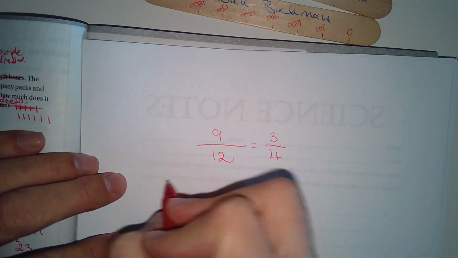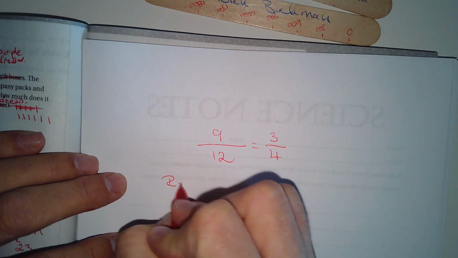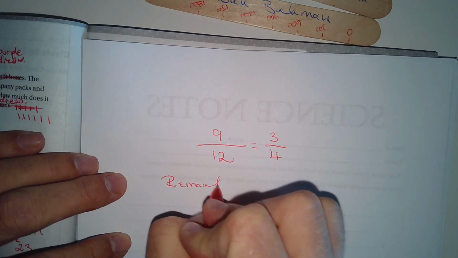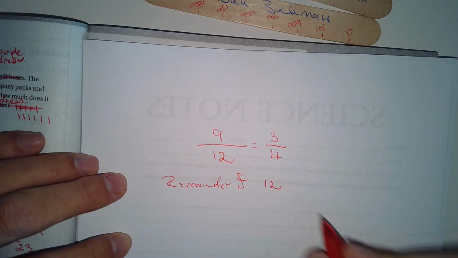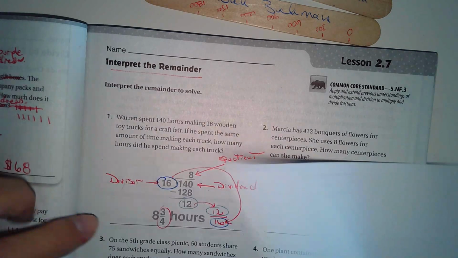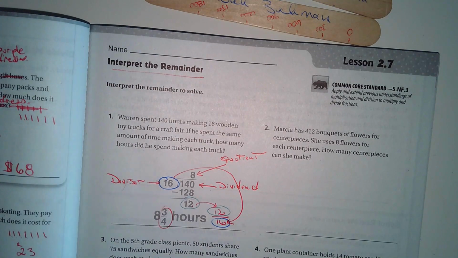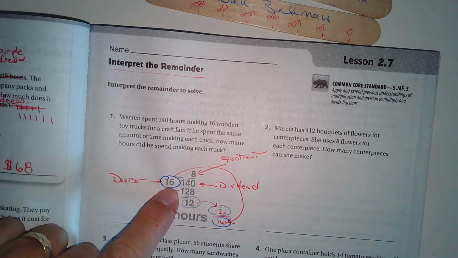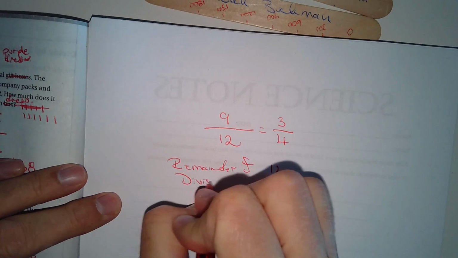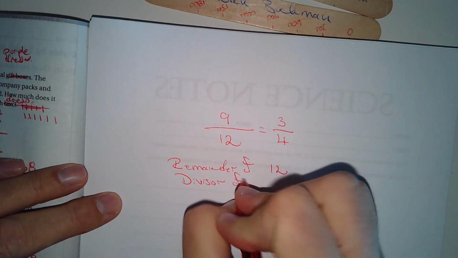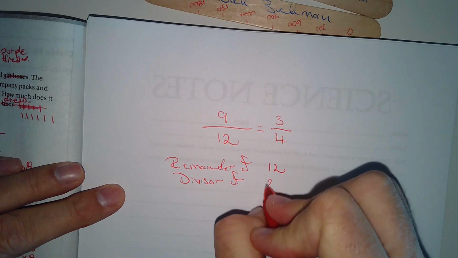Okay? How about if I had a remainder of 12, and the divisor, which is what we divided by, of 24.